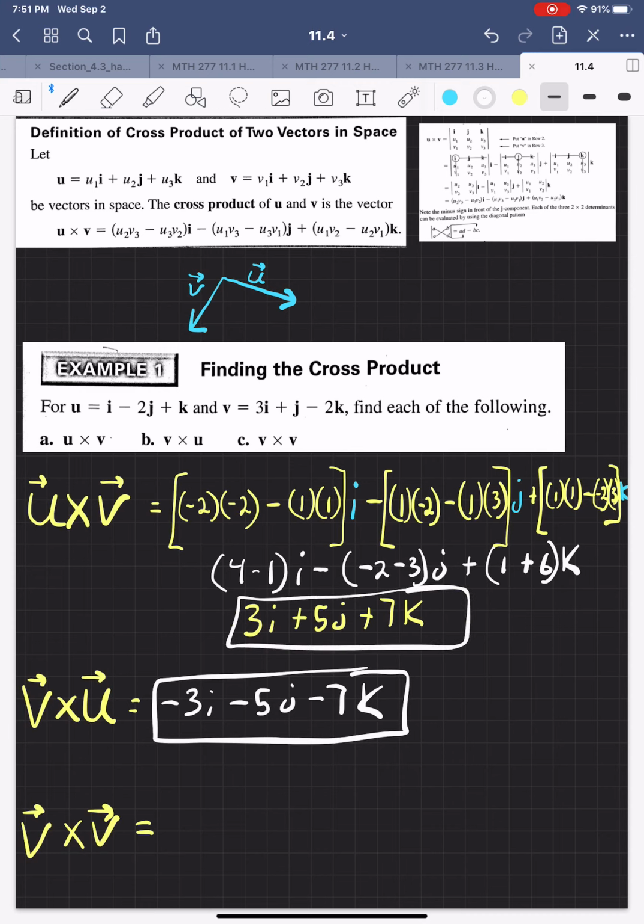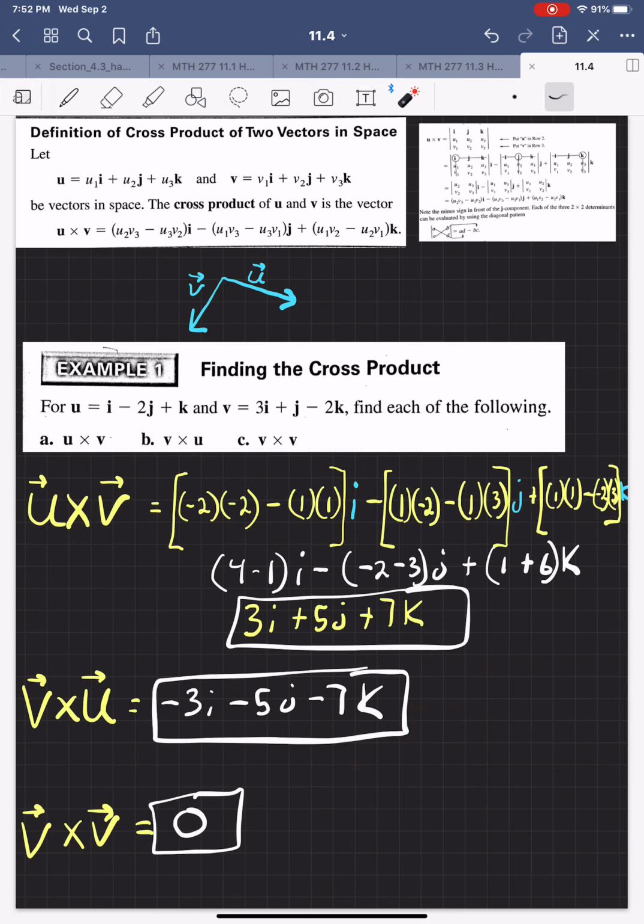And the cross product of v with itself. Okay, so on your own time, you can verify that you are getting the same results. Feel free to pause the video and try that now.